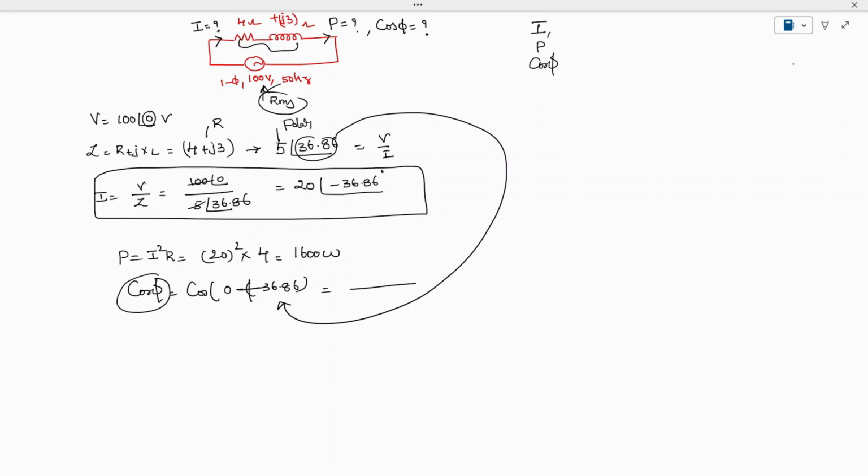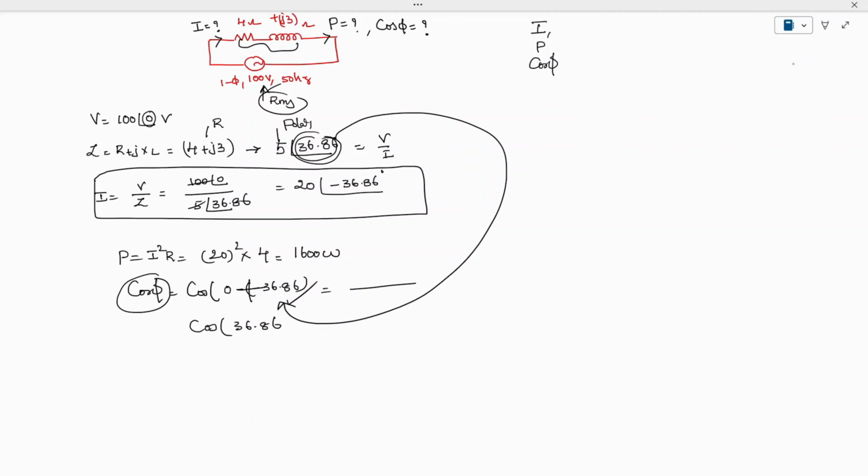So directly we can use cos of the angle of the impedance offered, which is 36.86, or the difference 0 minus of minus. This is how to obtain the power factor of the given problem.